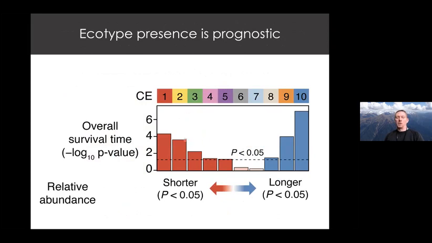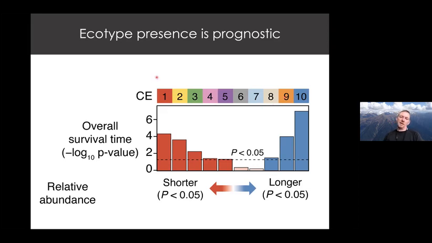So you can see there's these 3 ecotypes on the left which are associated with poor outcomes and shorter survival, and these 3 on the right which are associated with longer survival and better outcomes. So that's what you'd expect, and it turns out that the cell types or cell states that are present within these ecotypes are the ones which themselves tend to be individually associated with outcomes.